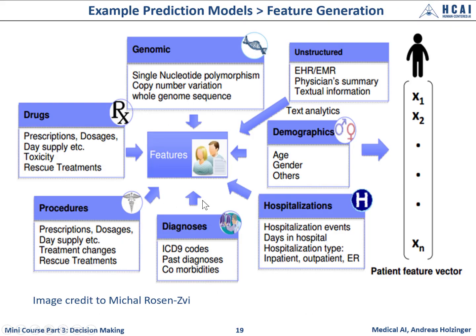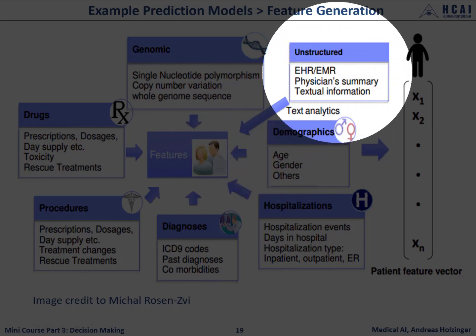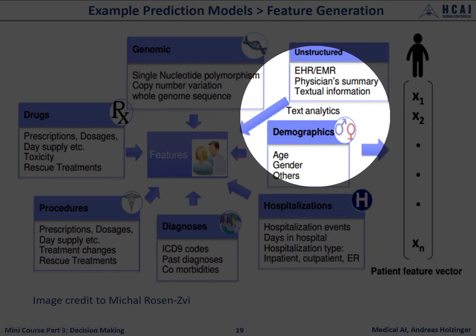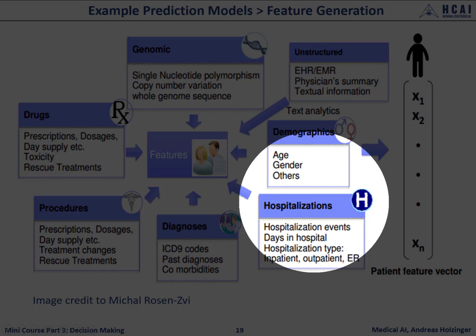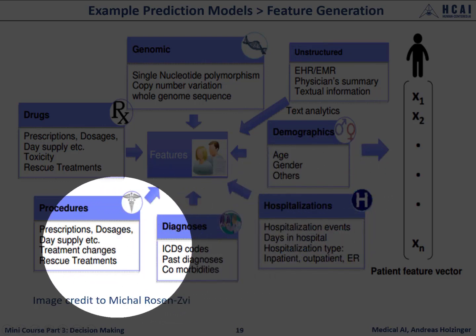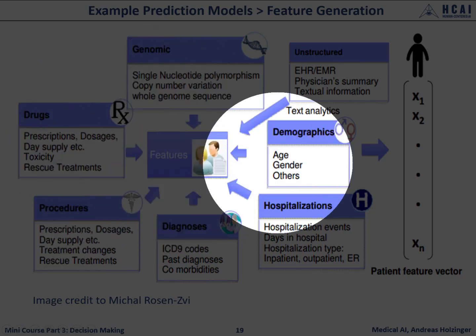An example for prediction models. This is a nice demonstration that many features contribute to a decision. You have not only one feature, but many features. For example, from this unstructured, non-standardized data you have the text analytics part, or the events, the coded diagnosis, procedures, the drugs, the genomic data, and all this contributes to the features.